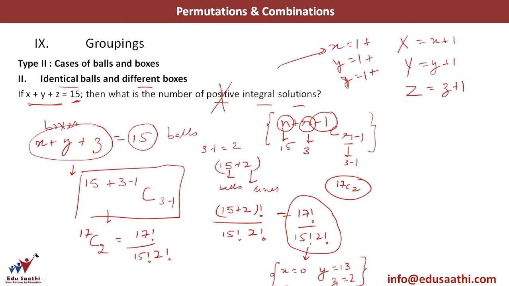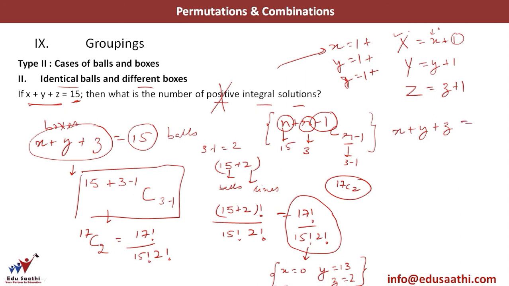Now even if small x is 0, capital X will have 1. In other words, what I've done is I've already allotted x, y and z 1 ball or 1 number each.